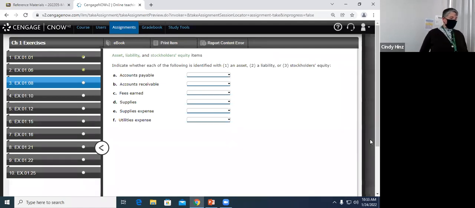That being said, the titles of these accounts, the 6 accounts that you see in this exercise, are used by pretty much every company out there, with the possible exception of fees earned. So accounts payable. Anytime you see the word payable, it means we owe someone and we're going to pay them later. Payable means we owe someone and we will pay that bill later.